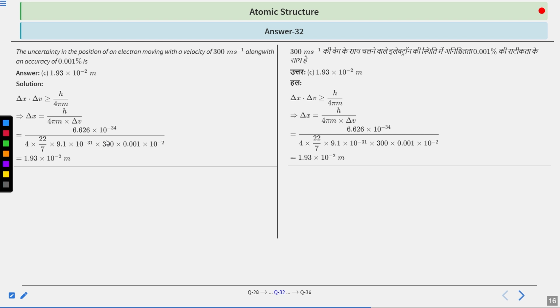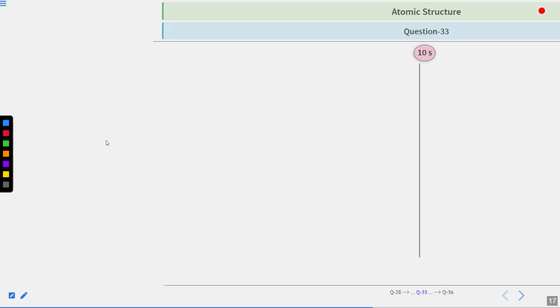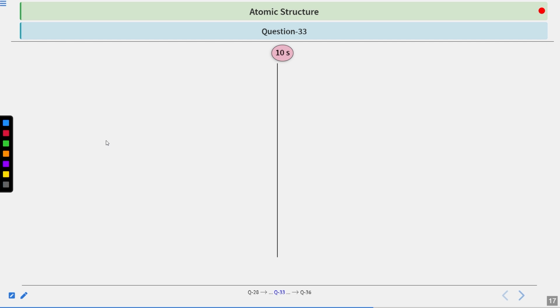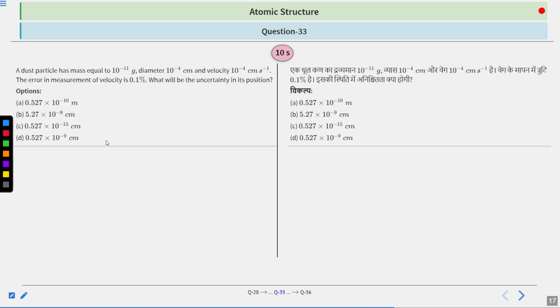Okay, moving on to the next question. Question number 33 says that a dust particle has a mass equal to 10 to the power minus 11 gram. Diameter is 10 to the power minus 4 centimeter and velocity is 10 to the power minus 4 centimeter inverse. The error in measurement of velocity is 0.1%.